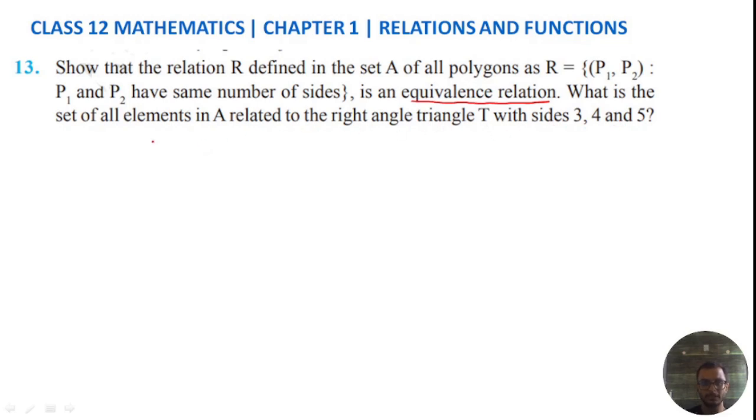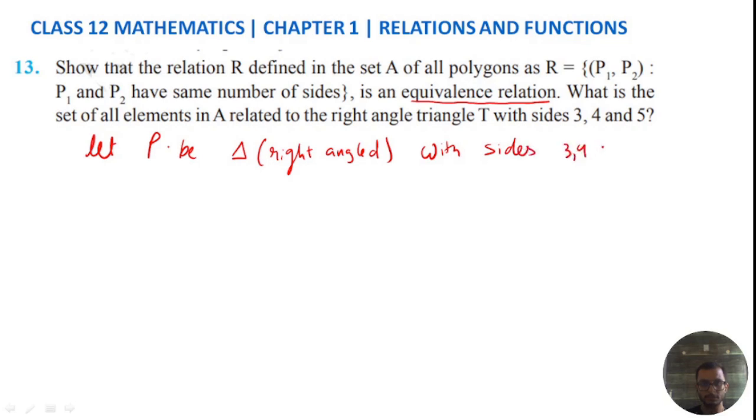So let P be a triangle, in fact a right angle triangle, with sides 3, 4 and 5.